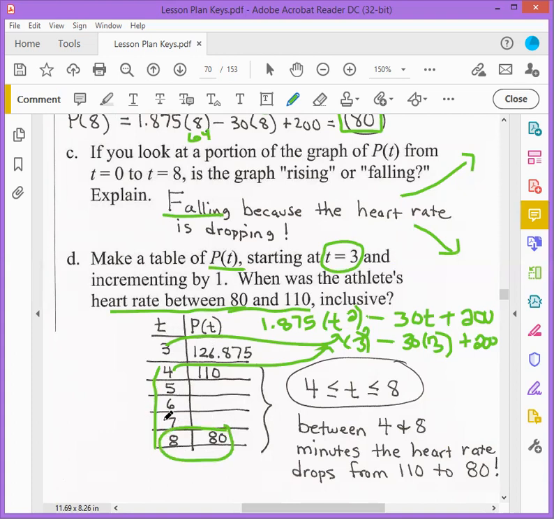So you substitute these numbers till you figure out which values are 80 and 110, and we get time point 4 minutes and 8 minutes. So that range of time when the heart rate is between 110 and 80, we write our inequality statement as such: 4 less than or equal to t less than or equal to 8. So between 4 and 8 minutes.